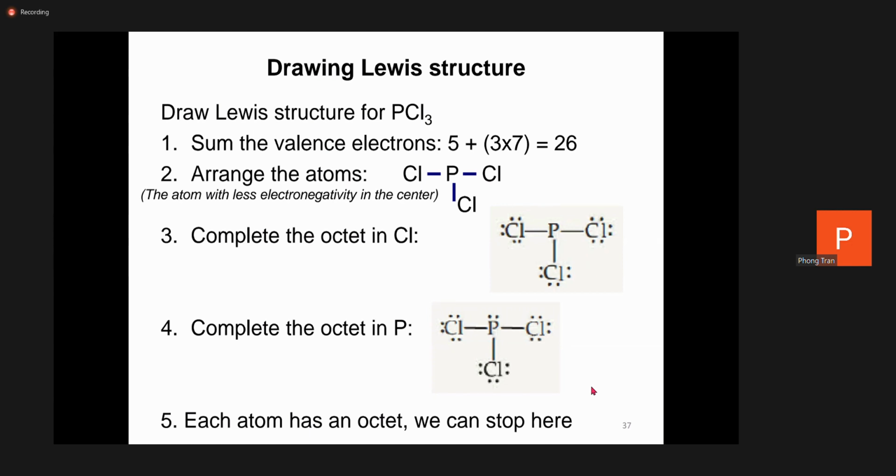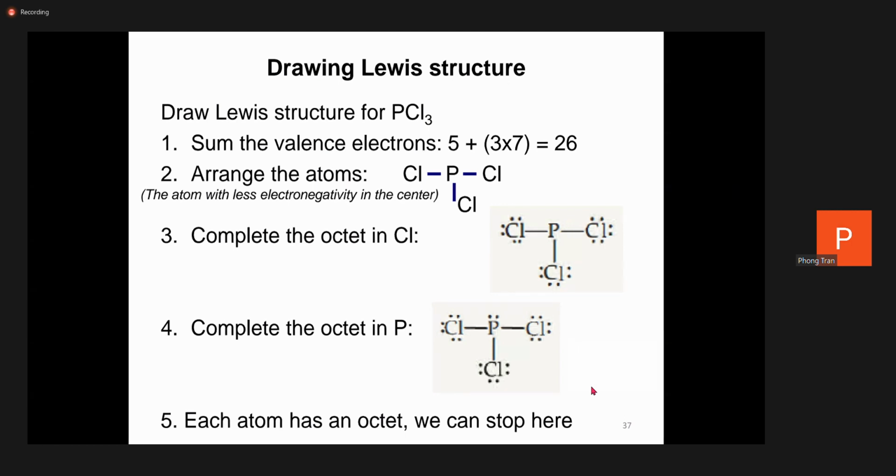So you put phosphorus in the center and you put 3 chlorines around. You first link each chlorine to the central atom, which is phosphorus, by one single bond. And then you complete the octet for the chlorines. So you can see here, each chlorine has 8 electrons.